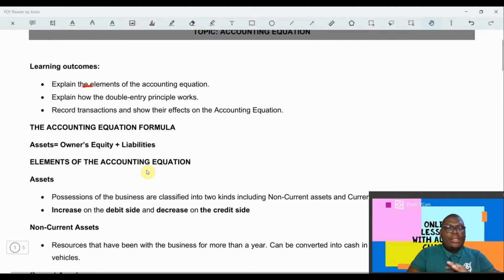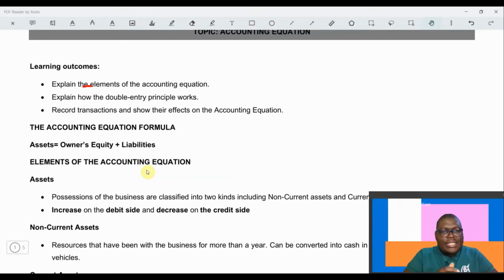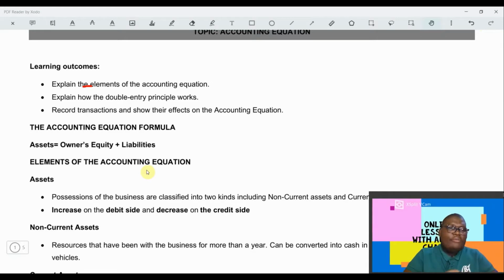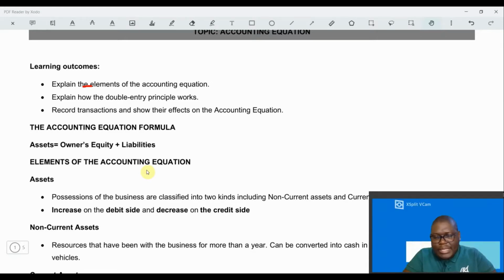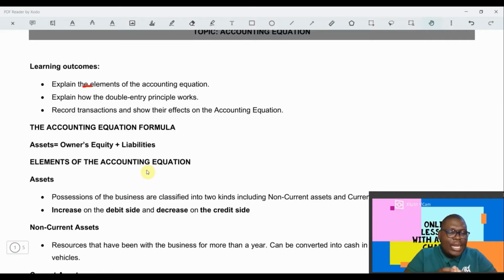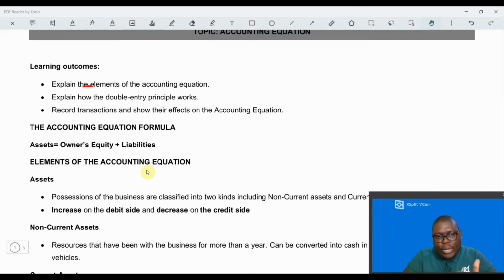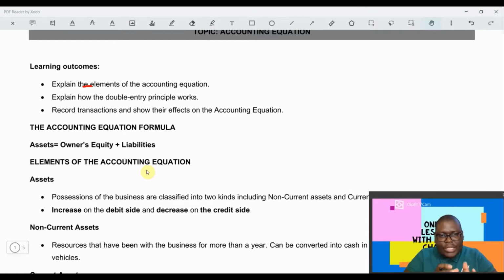Now, one thing that we need to talk about is the accounting equation. An accounting equation is a mathematical formula, and it says that assets equals owner's equity plus liabilities. This means that our total assets, when we have added all of them, should be equivalent to when we add our owner's equity plus all our liabilities.